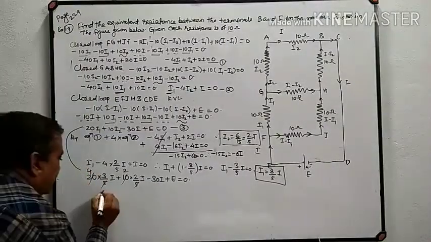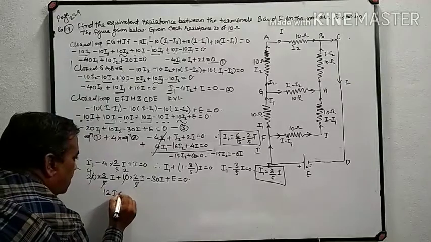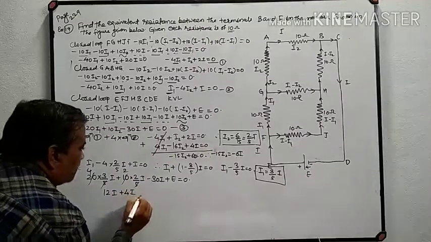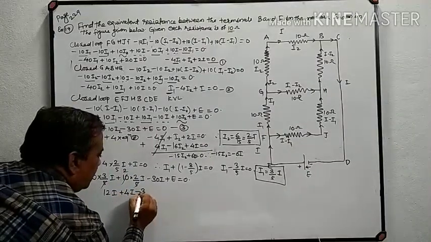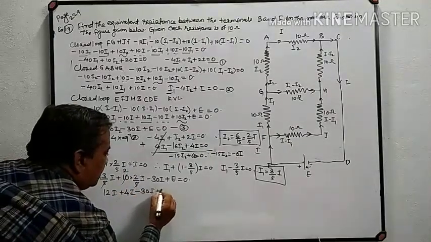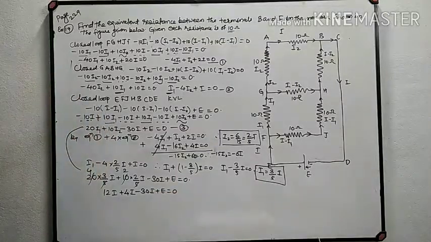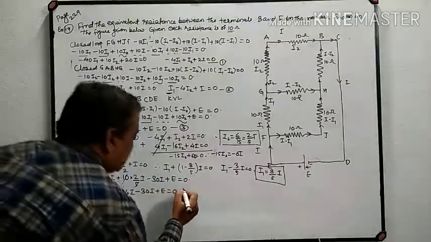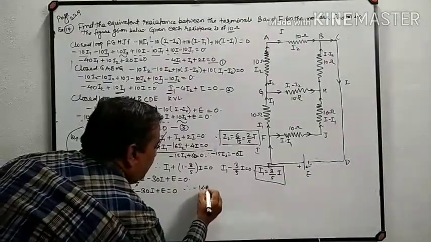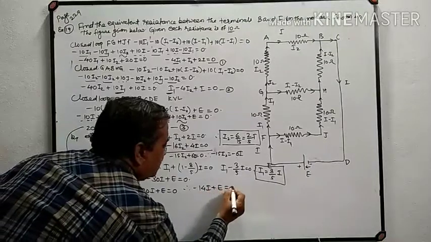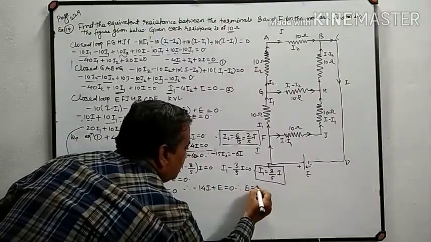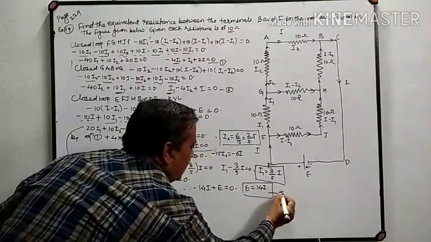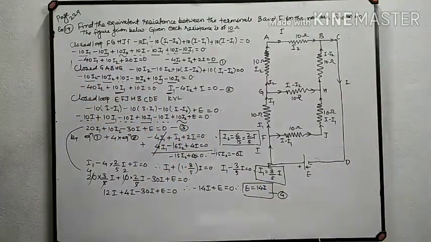So 4 into 3, that is 12I, plus 2 into 2, 4I, minus 30I plus E is equal to 0. Now 12 plus 4 is 16, minus 30 means minus 14. So minus 14I plus E is equal to 0, or E is equal to 14I. This is our equation number 4.